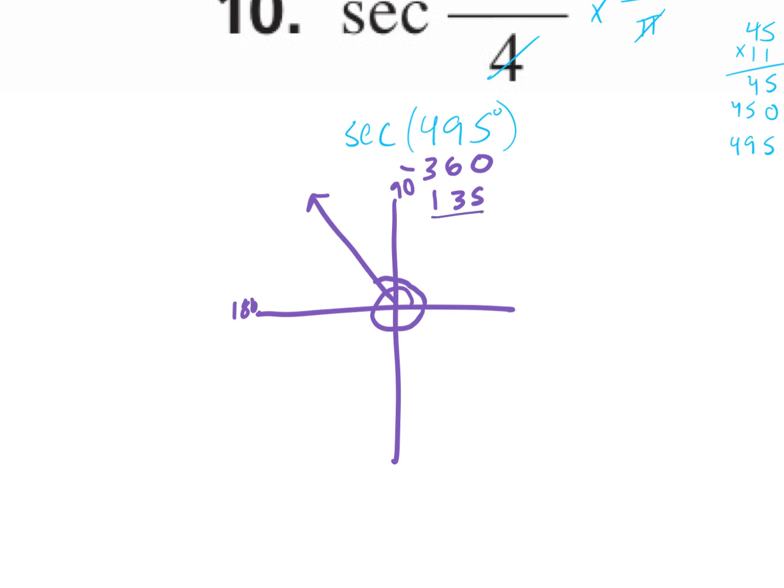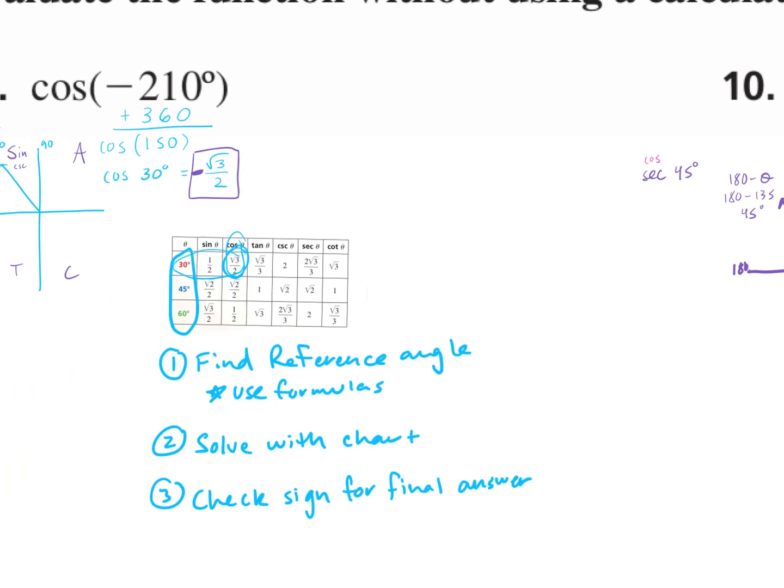So we want to find the reference angle. In the second quadrant, we use 180 minus theta. So this would be 180 minus 135, which gives us 45. So we're looking for when our secant is 45 degrees. So secant, we need to know that it goes with cosine. So on my chart, I'm going to look for cosine.